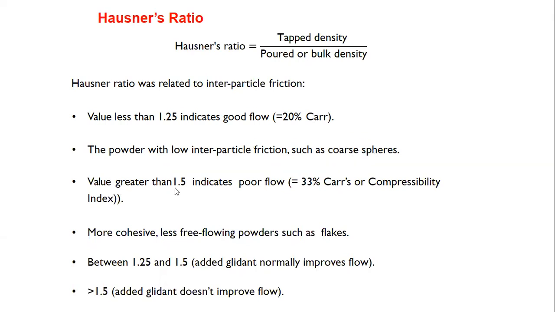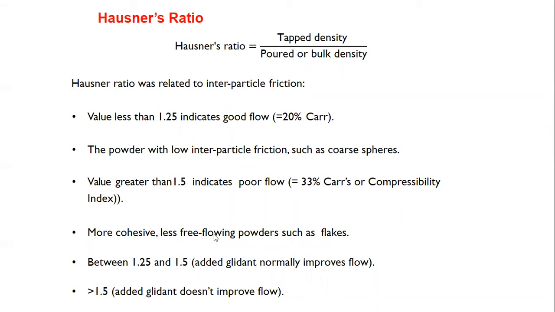Values greater than 1.5 indicate poor flow and correspond to 33% of the Carr's or compressibility index. So how can these be correlated, that is the Hausner's ratio and Carr's or compressibility index? Both of them are calculated using the values of tap density and bulk density.